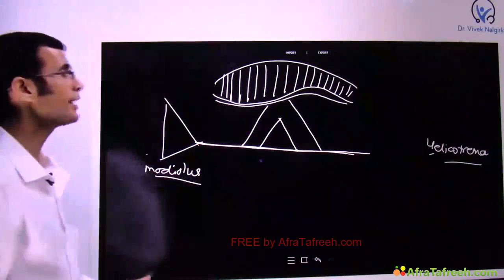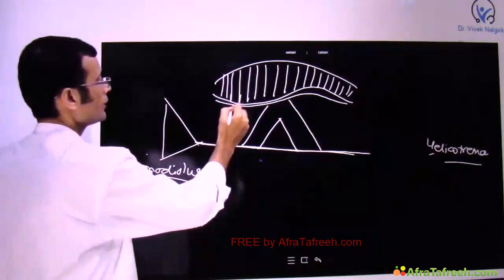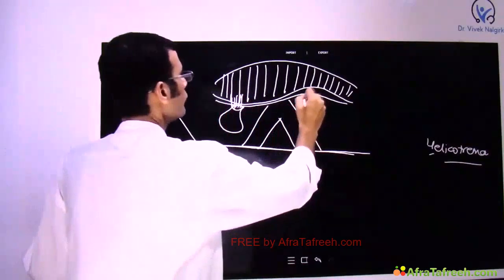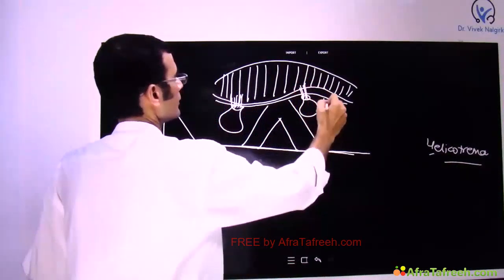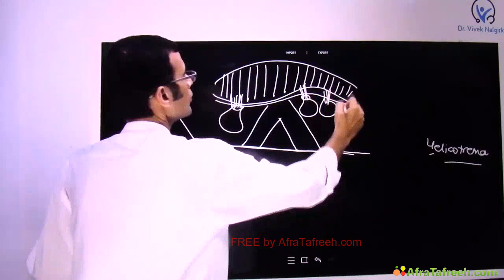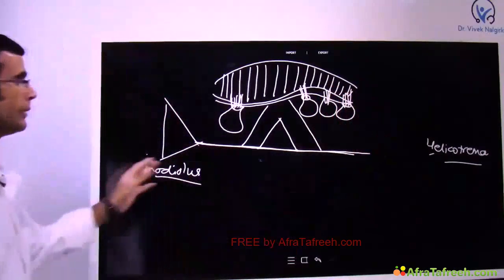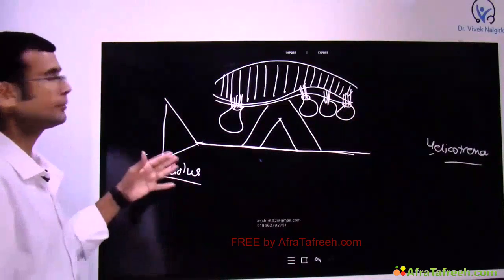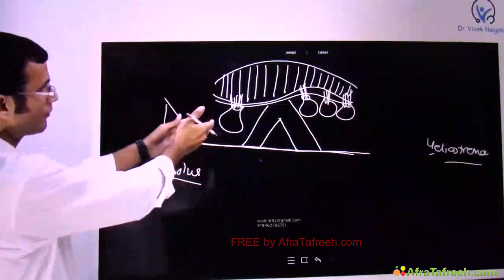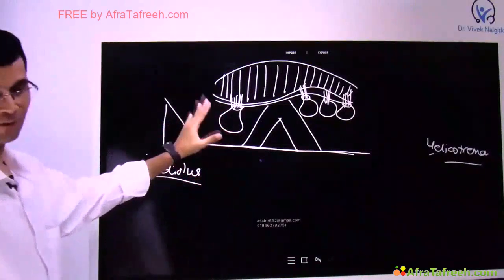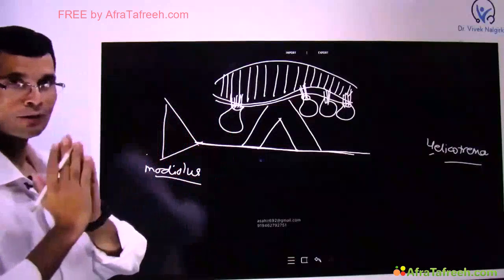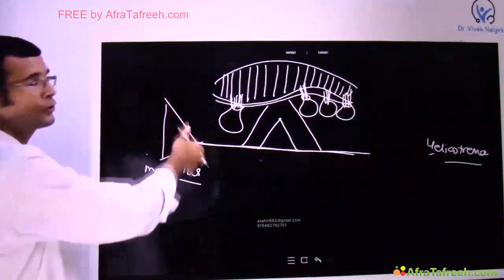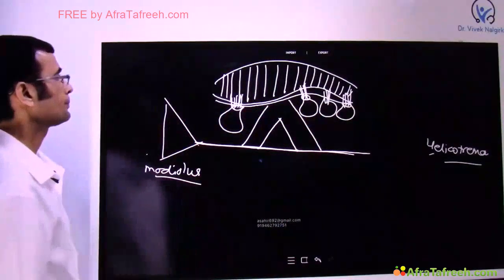There are hair cells in the organ of Corti. There is a single row of inner hair cells, and there are 3 to 4 rows of outer hair cells toward the open end of the basilar fiber. In each row there are about 3000 hair cells. We have shown a single row in the form of a single hair cell, but there are 3000 inner hair cells and 9 to 12,000 outer hair cells, because in each row there are 3000 hair cells.